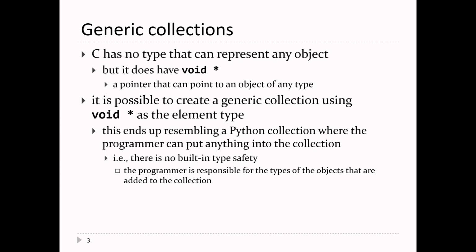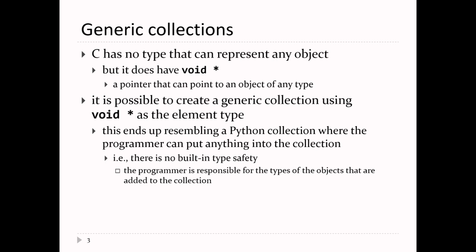So what ends up happening is you end up with a collection that looks like a Python collection, where the programmer can put anything they want into the collection. So using this technique, there's no built-in type safety.